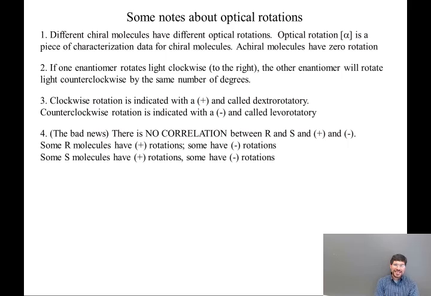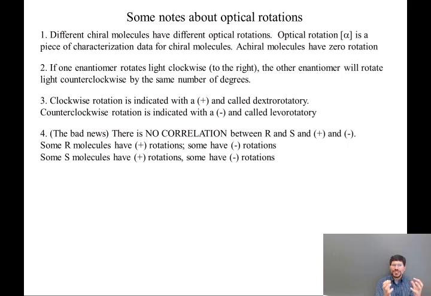Okay, now the bad news. In the last lesson, we learned all about how to assign R and S to a structure. Unfortunately, there is no correlation, and I put that in big capital letters, between R and S and plus and minus. So just from drawing a structure and determining whether it's R or S, you cannot determine whether its rotation is going to be positive or negative.